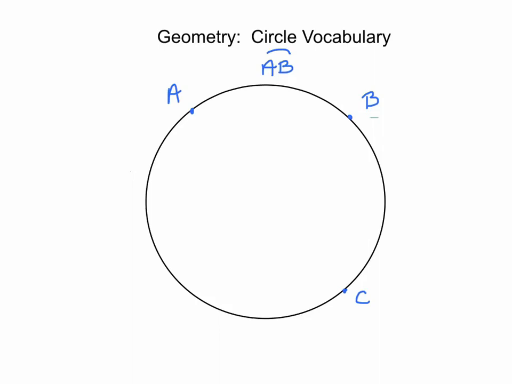We'll refer to the longer arc as arc ACB. An arc that travels more than 180 degrees around a circle is called a major arc. And one that travels less than 180 degrees, like this one, is called a minor arc.